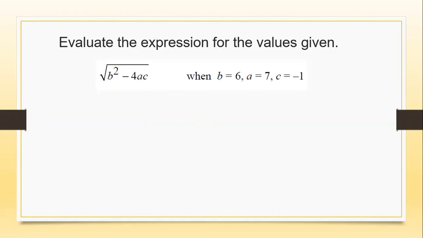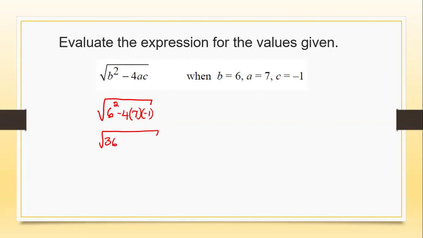The square root of b squared minus 4ac when b is equal to 6, a is equal to 7, c is equal to negative 1. So we're evaluating again. Replacing the b with 6, we have 6 squared, subtracting 4 times a times c. This is equal to 6 squared, which is 36.